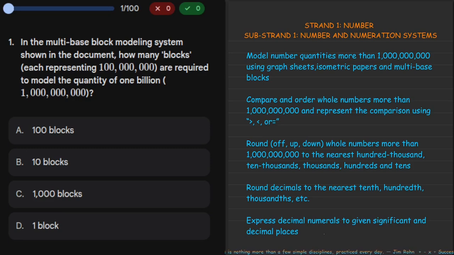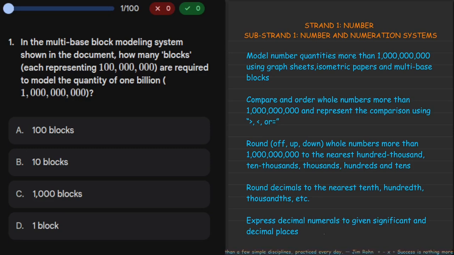In this lesson, we'll be solving questions on strand 1, substrand 1, that is number and numeration system. This topic is made up of modeling number quantities more than a million using graph sheets, isometric papers, and multi-base blocks.